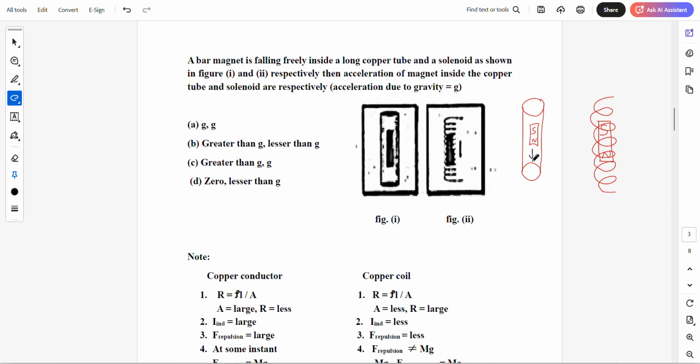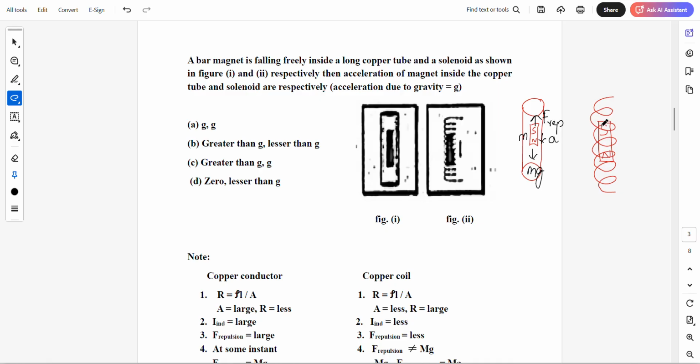There is a force downwards, that will be mg. Let us say m is the mass of the bar magnet, and there will be a repulsive force, F repulsive. A is the acceleration here.